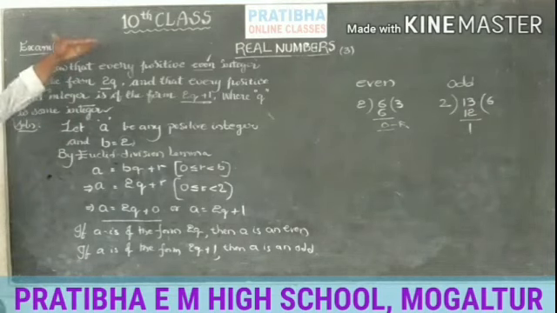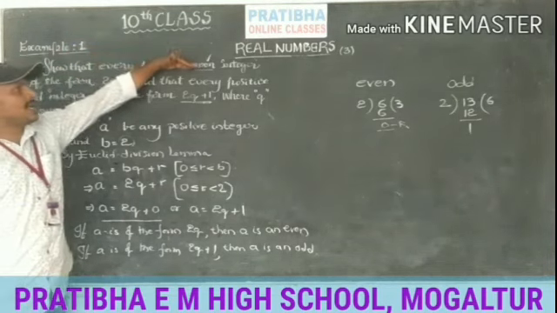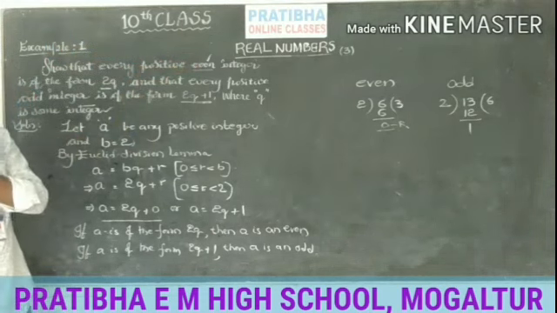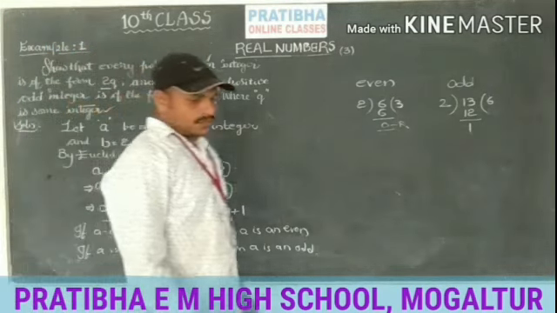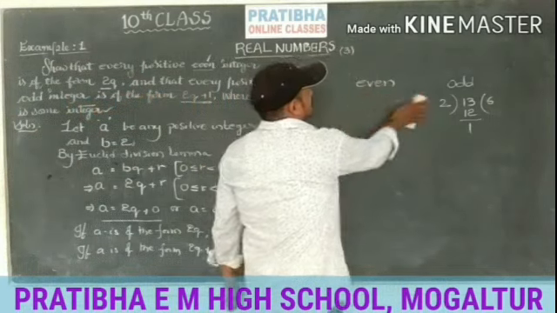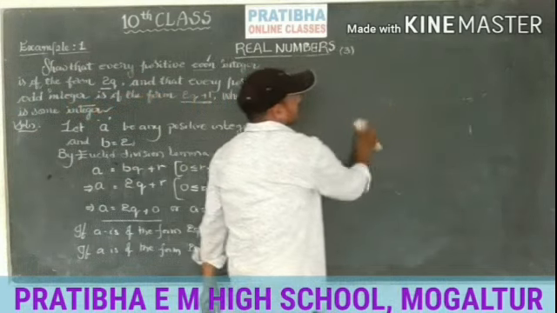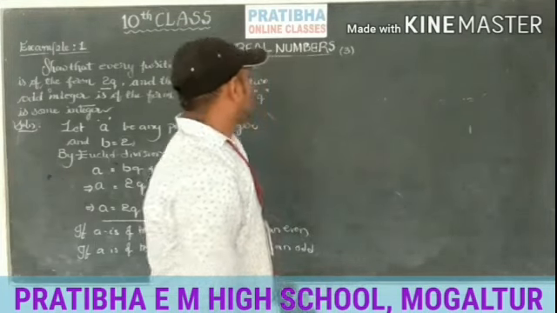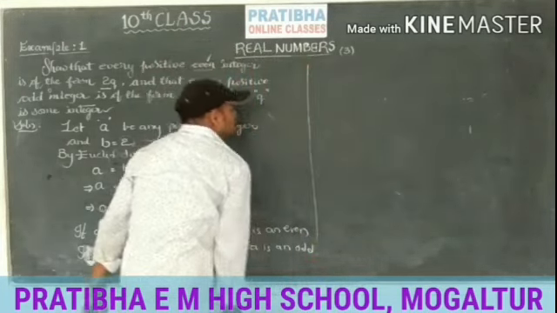Every positive integer is either even or odd. Now, try to prove this.